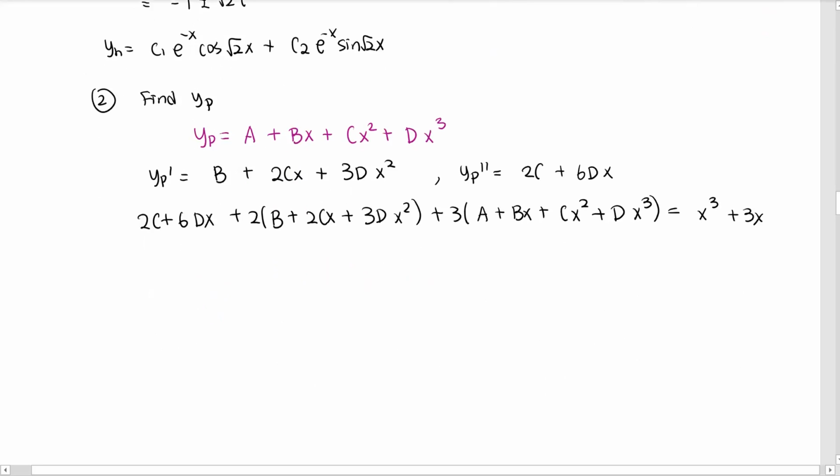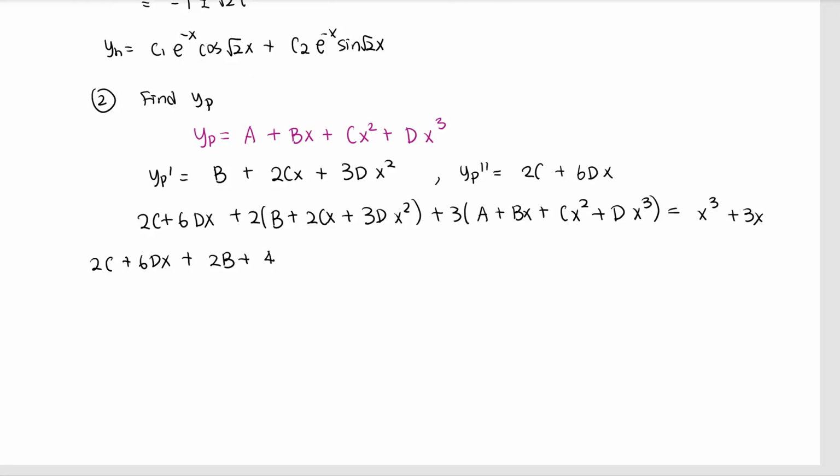Let's multiply out. So 2c, 6dx, here we have 2b, 4cx, 6dx squared, and distribute the 3: 3a, 3bx, 3 times cx squared is 3cx squared, and 3dx cubed equals x cubed plus 3x.